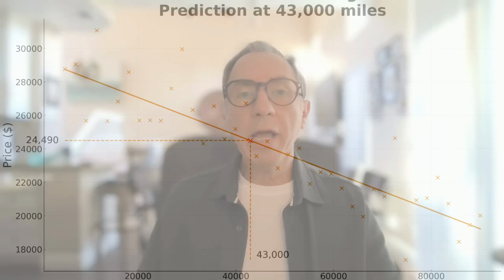Now, why is this called supervised learning? Let's review this again. This type of learning is called supervised because we are literally supervising the model. We are giving it examples with the right answers. Each training example contains input, which is the mileage, and output, which is the selling price. Because the model has seen both the question and the correct answer for many cars, it learns the pattern.